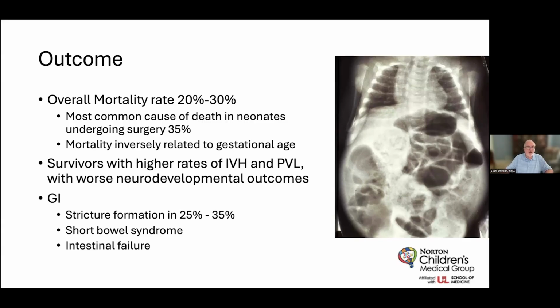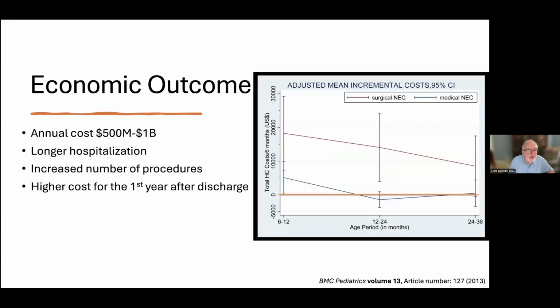You're talking about using TPN, potentially cyclic TPN, customized feedings, and they have a whole host of problems from bacterial overgrowth to malnutrition and so on and so forth. Babies can also develop intestinal failure because of the unrelenting inflammation that occurs.